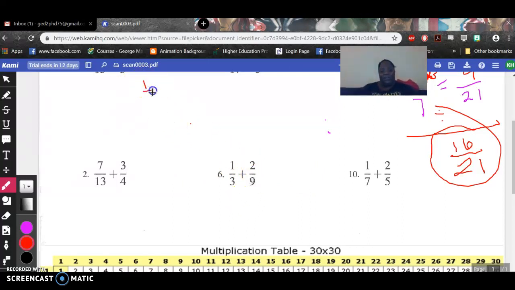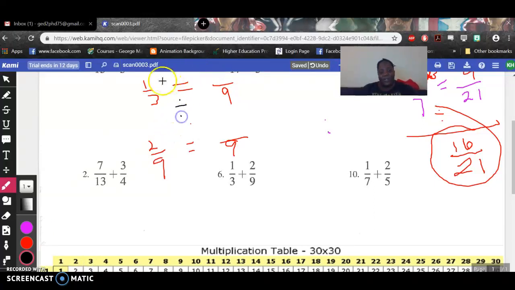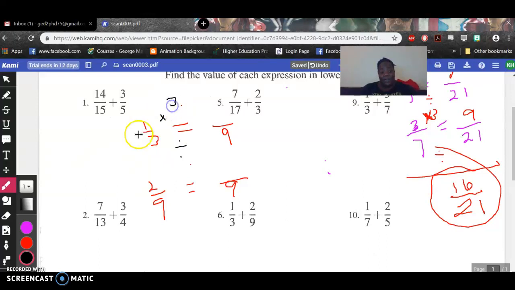So I have 1 over 3 and 2 over 9. Remember, ask yourself first, will the small number fit into the large number? 3 does fit in 9 evenly, so that means I can use the larger number as my common denominator, right? You're going to divide, then multiply. 3 goes into 9 3 times. 1 times 3 is 3.